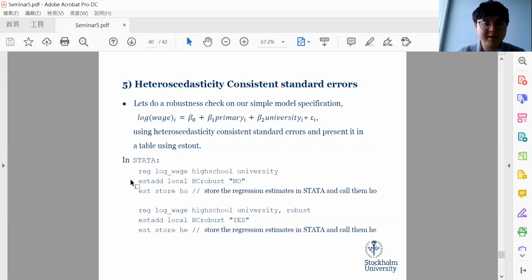This one shows that you add the results without robust, and this one means that you put the results with robust. Then you want to store them, so you put est store whole and then est store he. The result of this regression is stored in the variable called whole, and the results with robust is stored in a variable called he.